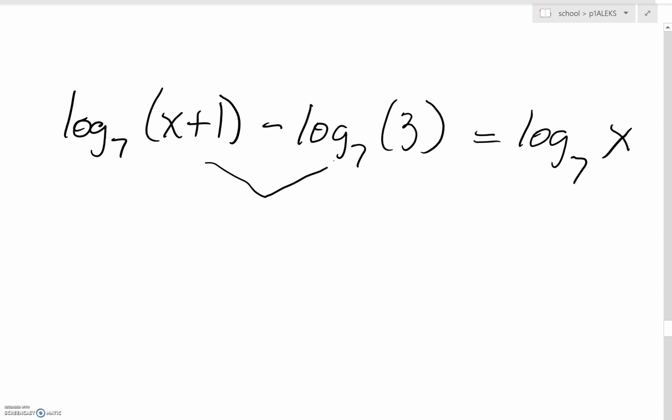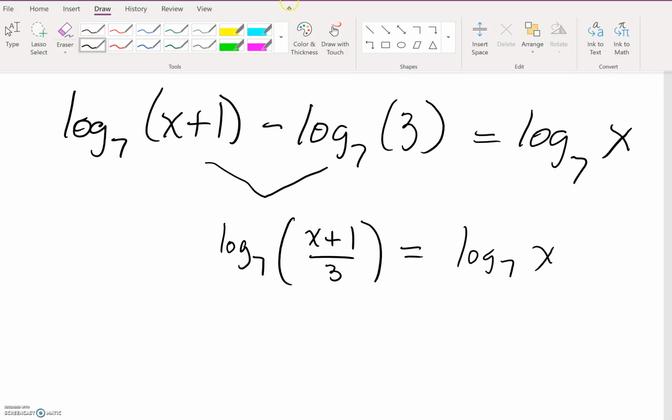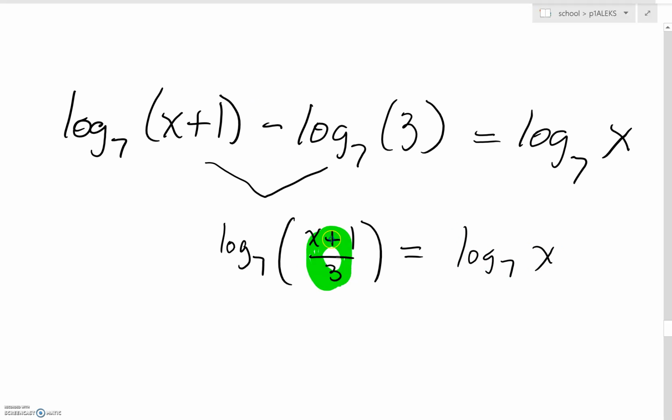Guys, if you see log base 7 of x plus 1 minus log base 7 of 3, you may condense, but you're going to have to divide. And it's here, once you divide, where you can look inside your logs and say, you know what, these two things have to be equal. So I'll get x plus 1 all over 3, set that equal to x.